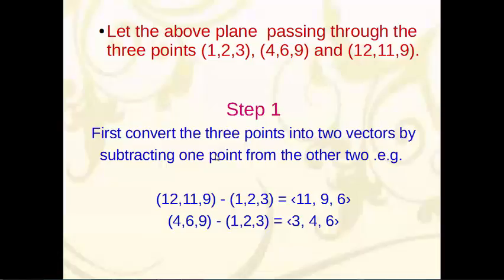That means we subtract the ordered triplet (12, 11, 9) minus (1, 2, 3) and (4, 6, 9) minus (1, 2, 3). So ultimately we get 2 vectors (11, 9, 6) and (3, 4, 6).